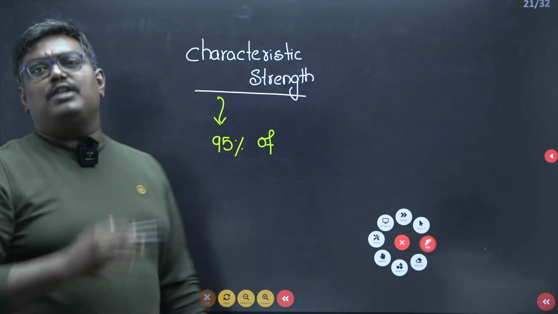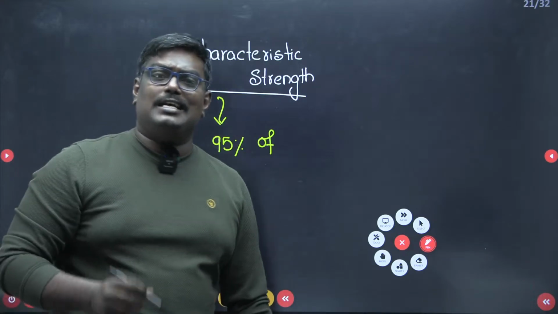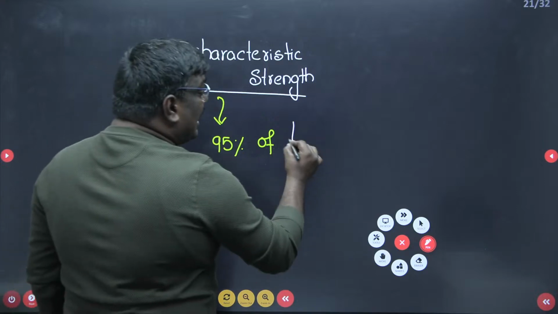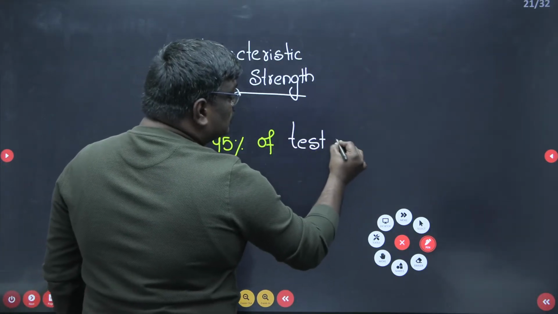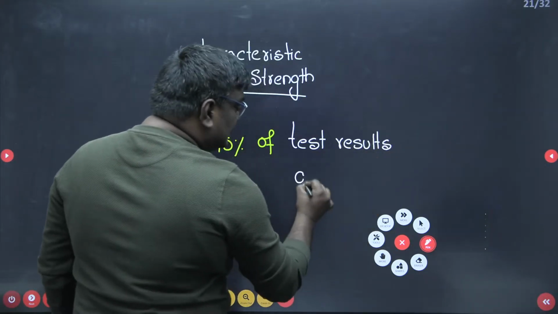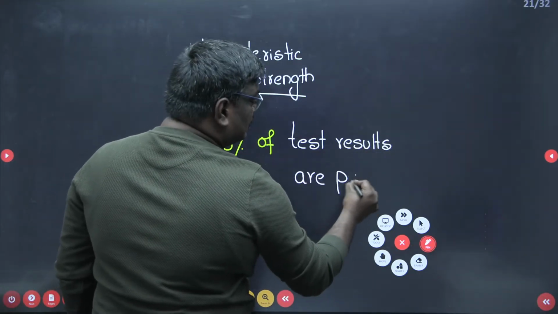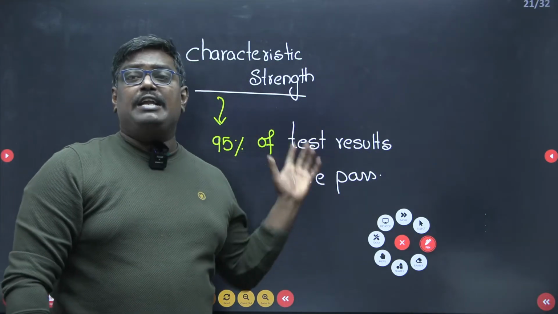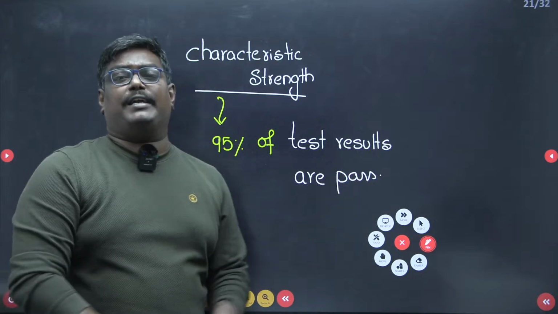Characteristic strength is the strength at which 95% of the test results are expected to pass. Only 5% of the test results are expected to fail. This is the definition of characteristic strength.